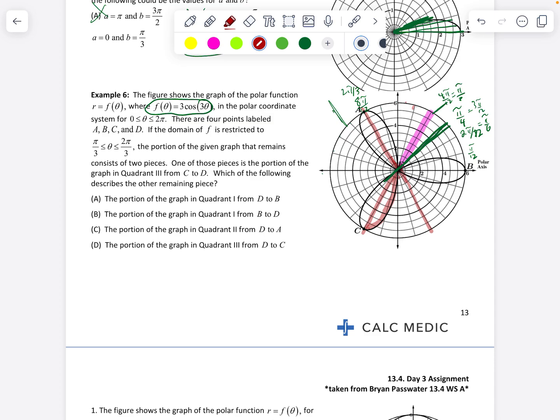Because if I was to walk here, I need to re-highlight it. So it's talking about this angle right here. Because if I was to face pi over 3 and walk backwards, I'd get this. And as I turn, I'd end up here. So let's see, what's the other chunk? Well, I could get this chunk by just walking forwards. So is A to D one? Yep, from D to A, right here.